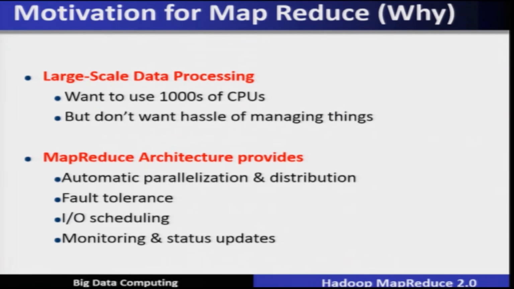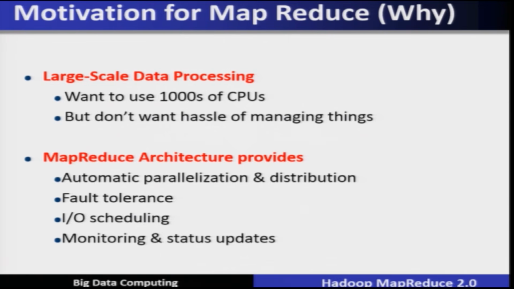Now, we will see about MapReduce and its motivation, why we are so enthusiastic about this MapReduce programming paradigm, which is very much used in big data computation. The motivation for MapReduce is to support large scale data processing.